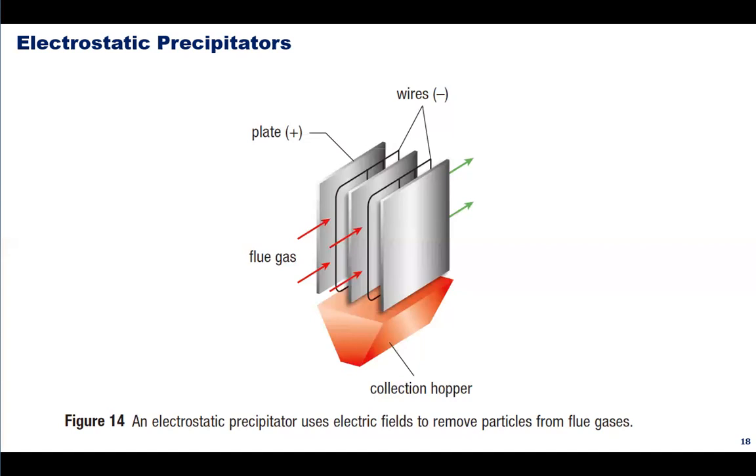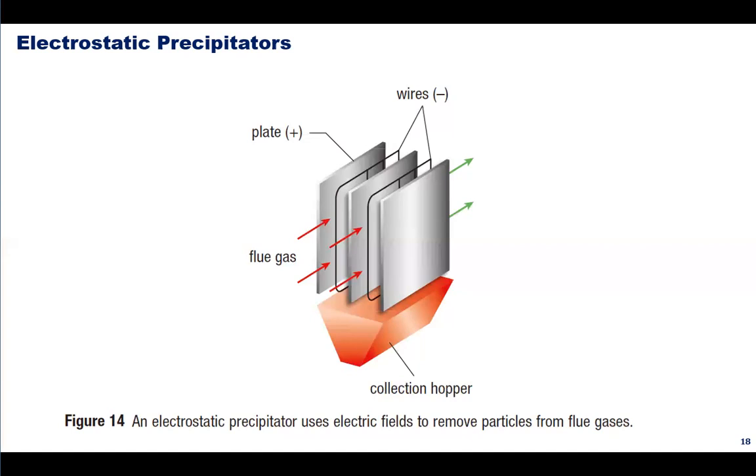The wires transfer electrons to the various particles that come into contact with the wires, making the particles negatively charged, and the electric field between the wires and the plates is about 10 to the power of 6 newtons per coulomb.